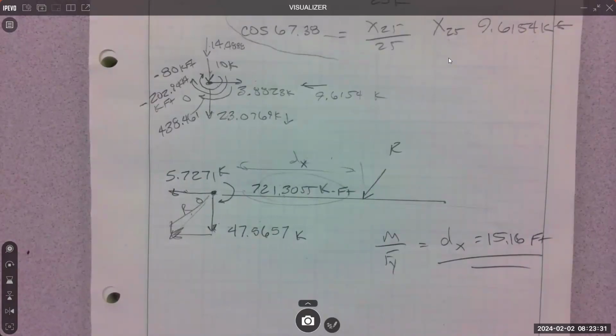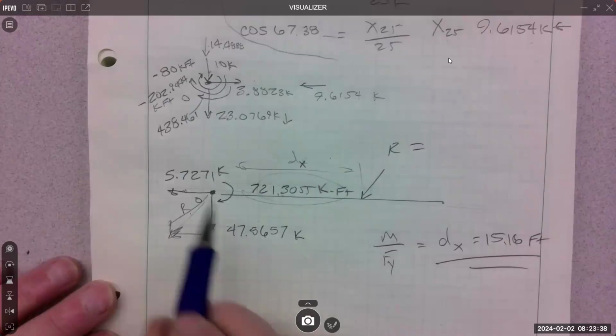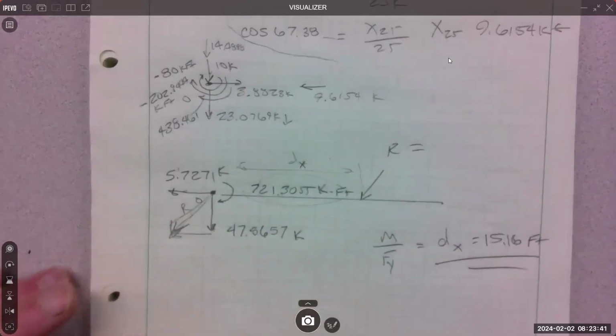Right of point O, yeah, that would say right of 0.0. And we still have to find R, so we've got to do Pythagorean theorem to find this thing, because I really don't know what it's equal to yet. So that squared plus that squared equals that.